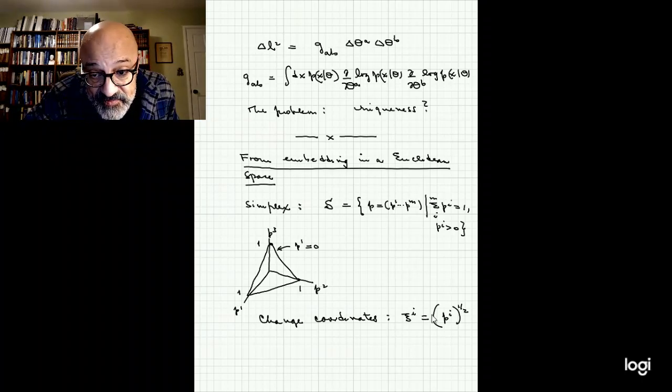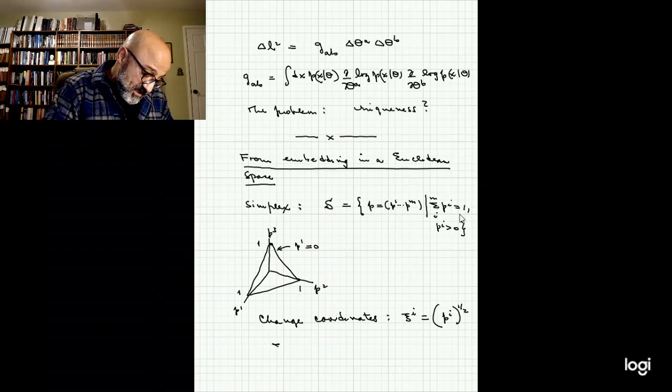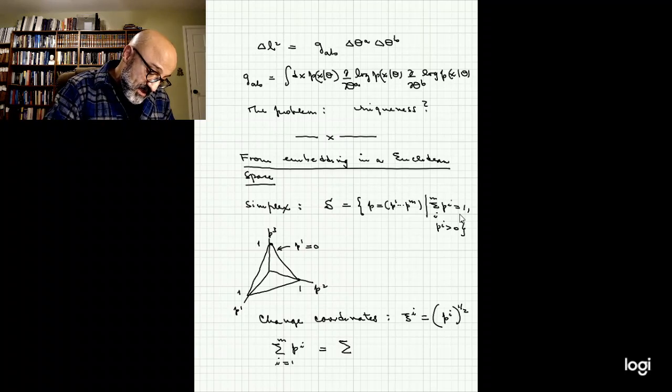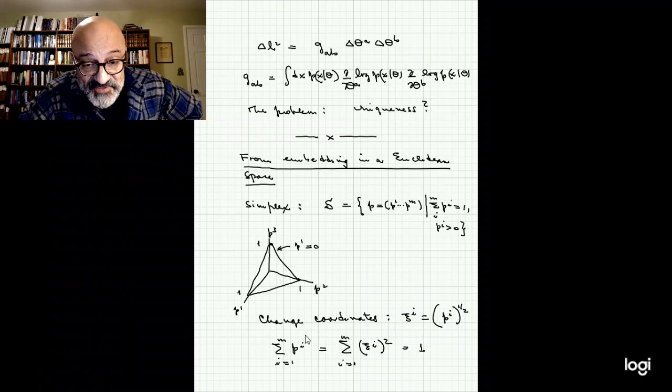With these coordinates, the normalization looks as follows: the sum over i from 1 to m of ξi squared equals 1. And all of this is equal to 1. So this is sort of interesting.